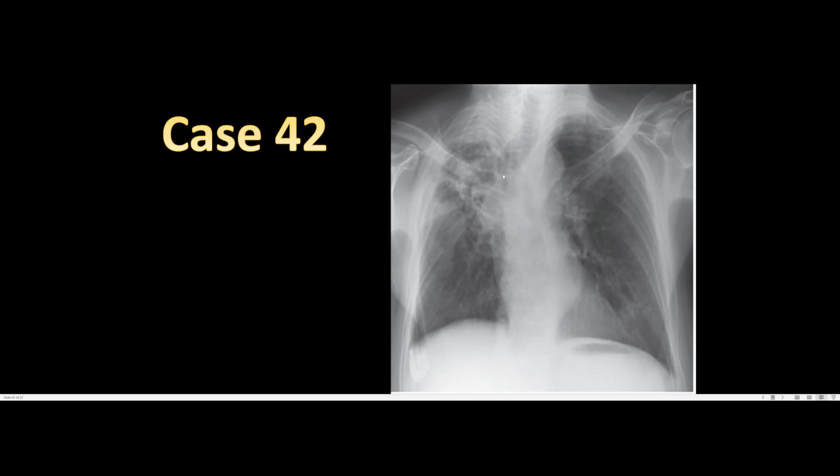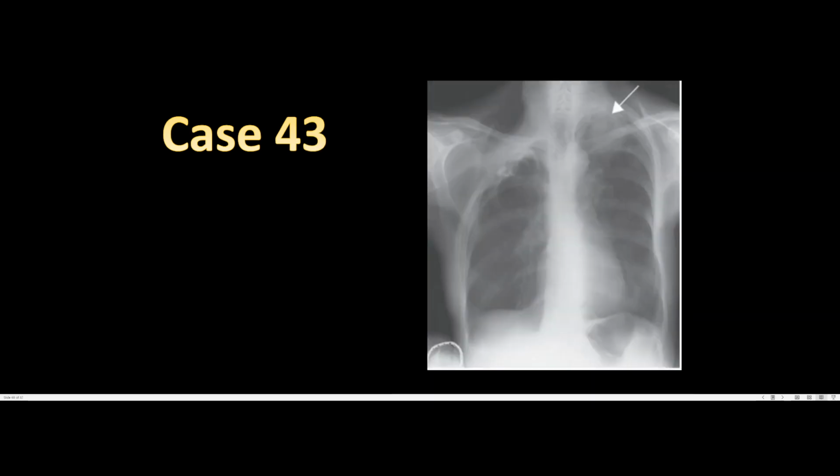We need to order a chest CT or a high resolution chest CT to further know what the problem is. But we can tell that at the very least there are multiple cavitary lesions within the apical region, or the right upper lobe region of the lung. All right, so this could mean a number of various things.